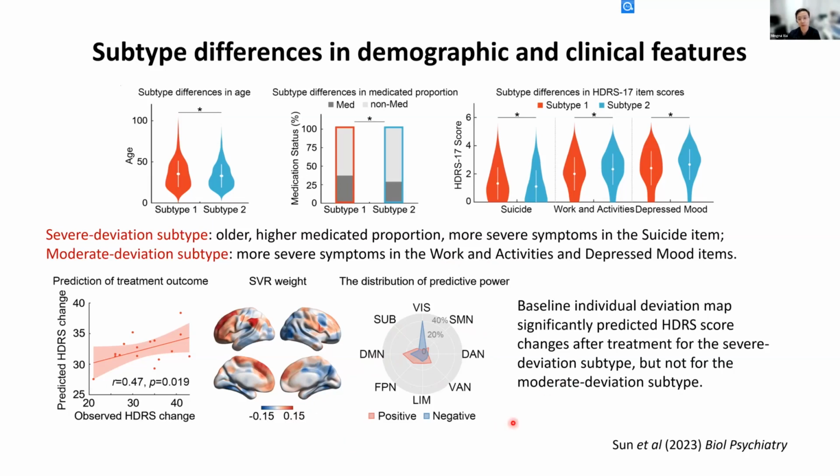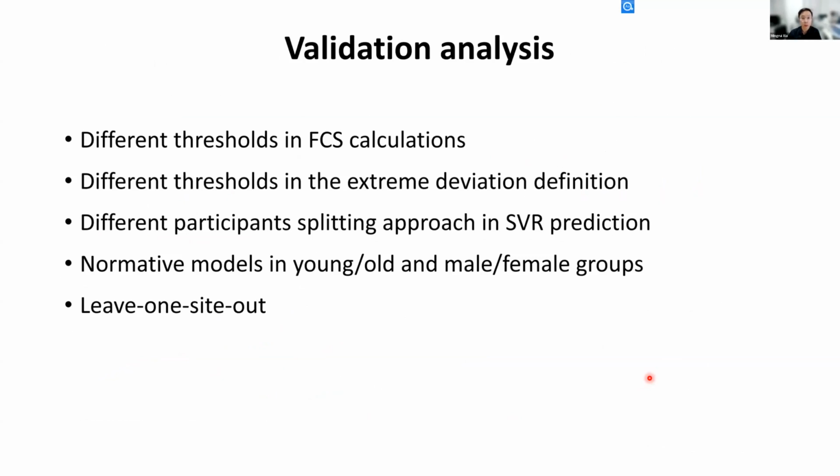This might be because of the large imaging variation in subtype 1, and suggests that different clinical assessment strategies should be considered for different patient subtypes. We also conducted a number of validation analyses. Fortunately, all the findings remain stable.